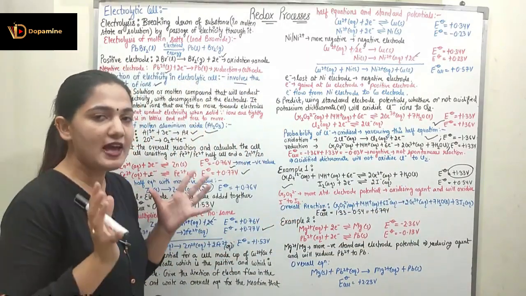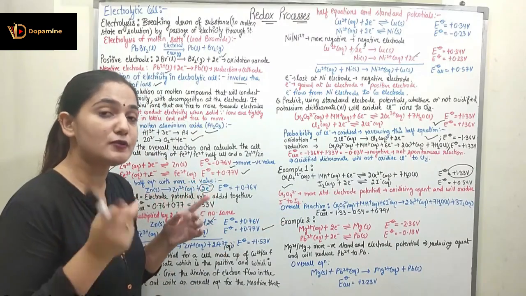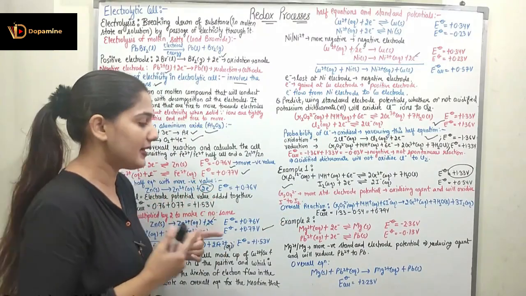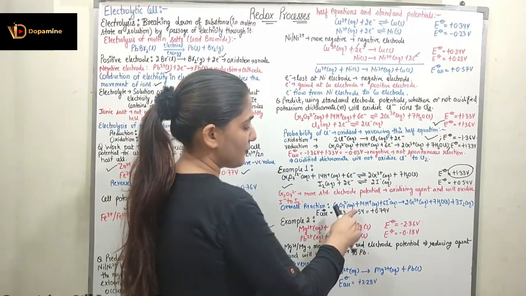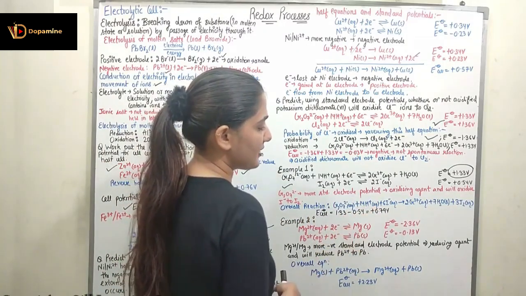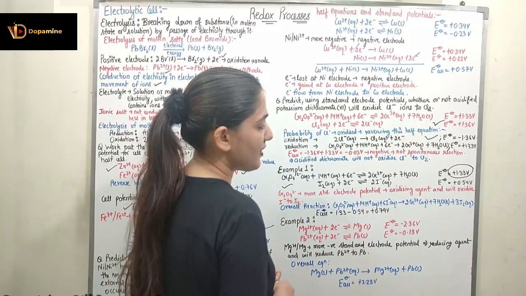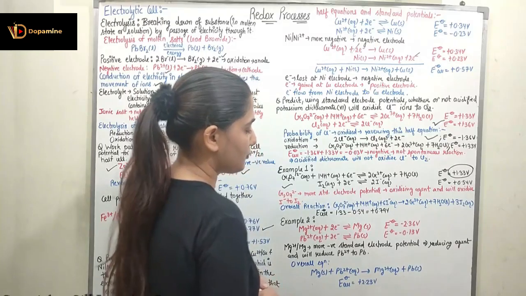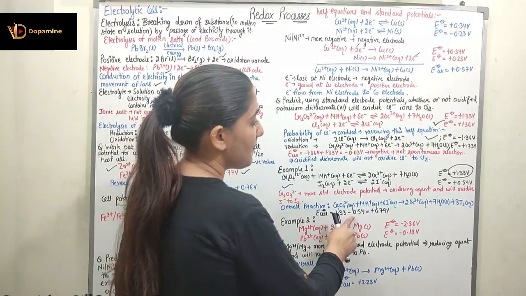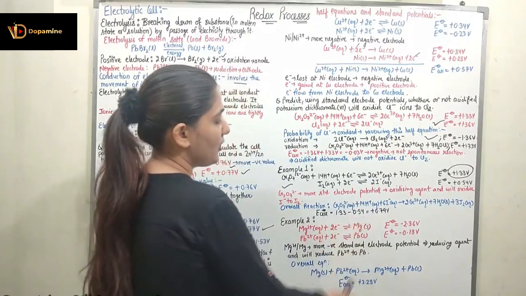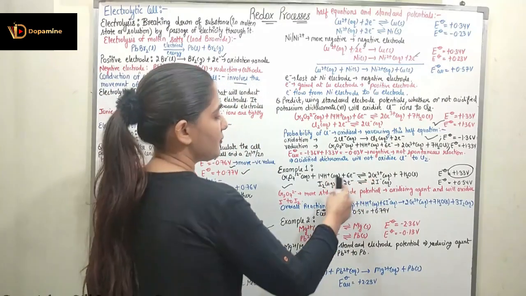So if I have to see the oxidizing agent, we have to see which one has the more positive standard electrode potential. So the overall reaction will be Cr2O7 2- aqueous plus 14H+ plus 6I- gives 2Cr3+ aqueous plus 7H2O liquid plus 3I2 aqueous, and the electrode potential for the cell would be 1.33 minus 0.54, because I am going to reverse this equation, right?